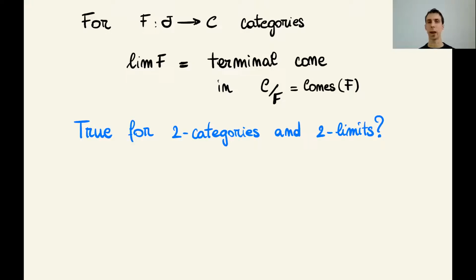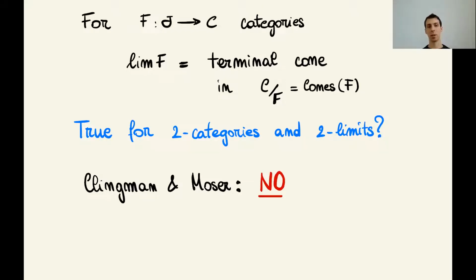So, is it true that for two-categories J and C, and a two-functor F from J to C, the two-limit of F is still characterized by being biterminal in some two-category of cones over F? Biterminal is just a property: if T is an object of C, this is biterminal if for any other object A, the hom-category from A to T is isomorphic or equivalent, depending on flavor, to the terminal category.